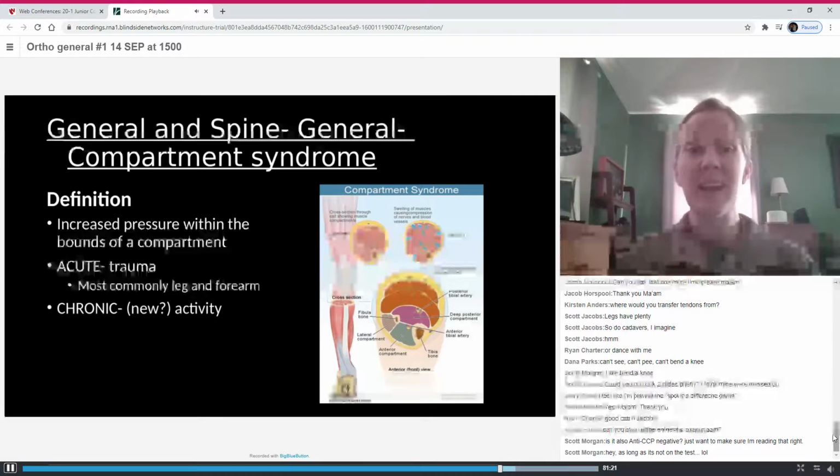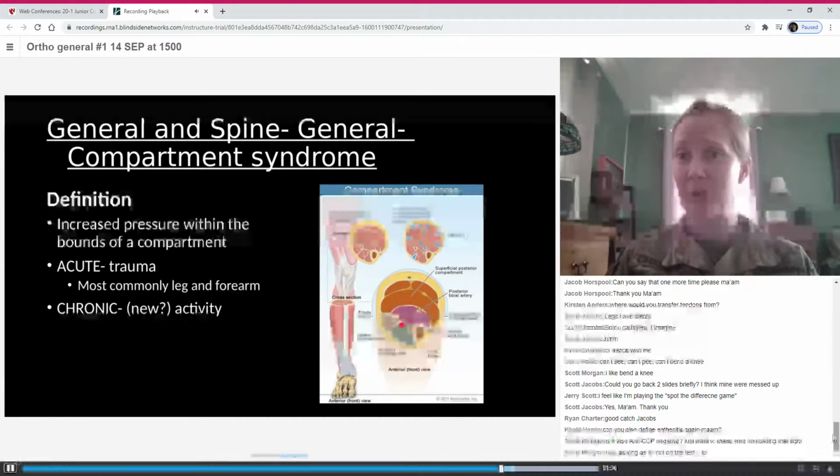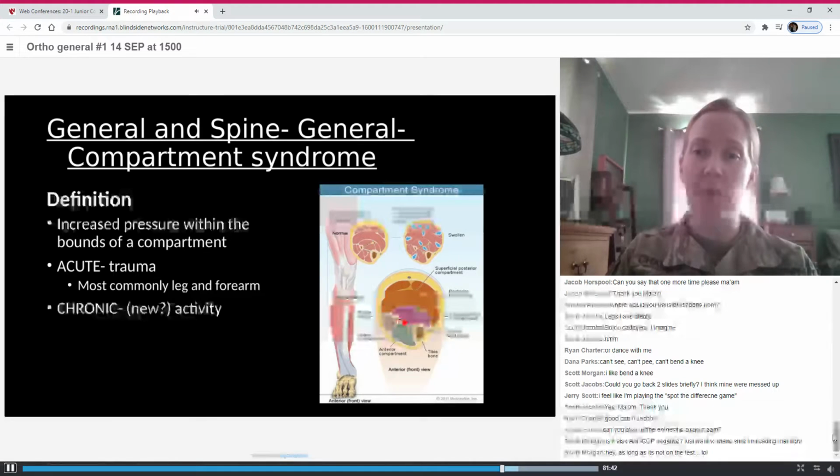That is a thick fascial layer that surrounds a section of muscle. A pretty typical one is here in the leg. It's probably the one you did in pathology. There are 4 leg compartments that have different muscles and different nerves and vessels in each of them, and around each of them is a thick fascial layer.